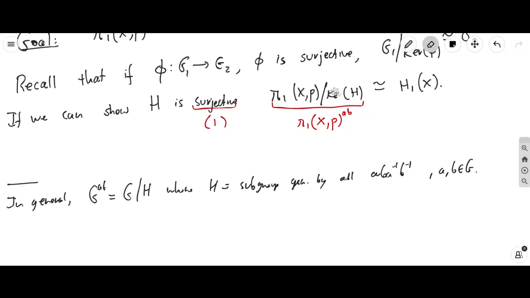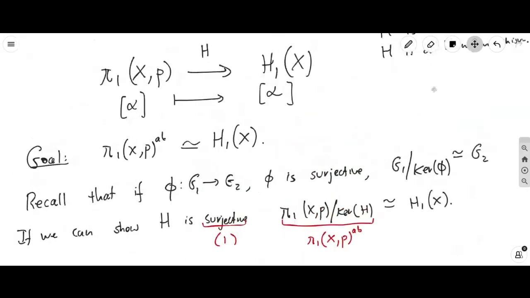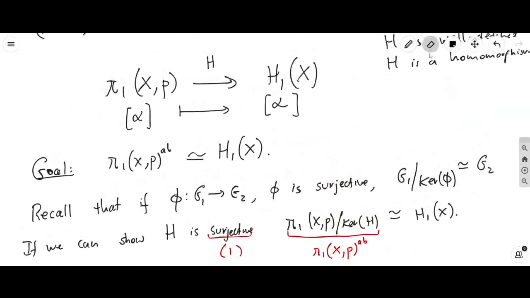So you would have to show that the kernel of H is exactly that subgroup. So there are two things you need to do here. And because we're going to be running out of time, maybe we'll just give a very quick outline of why H is surjective. Then hopefully that will satisfy as much of the proof as possible, and you can read it up in Bredon for more details.